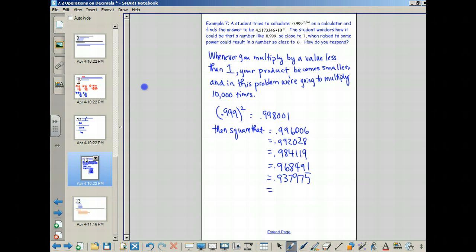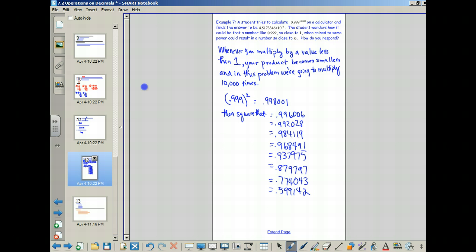Bear with me just a little bit longer. The next one is 0.879797, and then 0.774043, and then 0.599142. That's the last one I'm going to write. 0.358971.